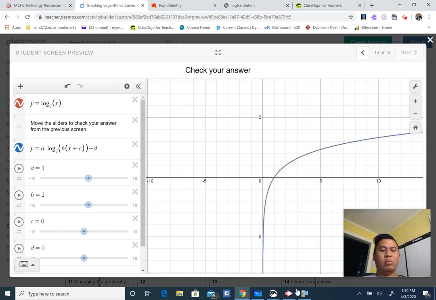Let's put it back to 0 in there. And for the last one, our d, or a number added to or subtracted from outside the logarithm itself. Let's try to make it positive. As we may see, it's moving up. However, if it's negative, then it's moving down in there. So again, that's our analysis for key features: a, b, c, and d.